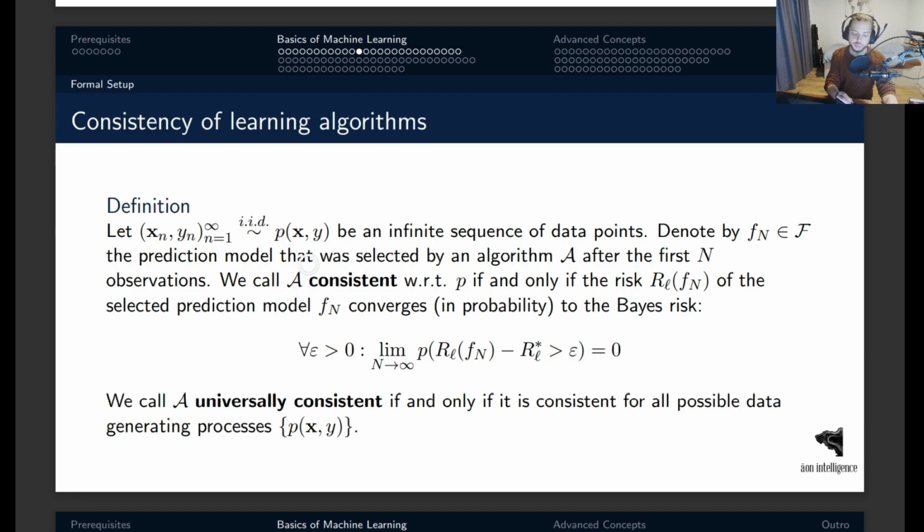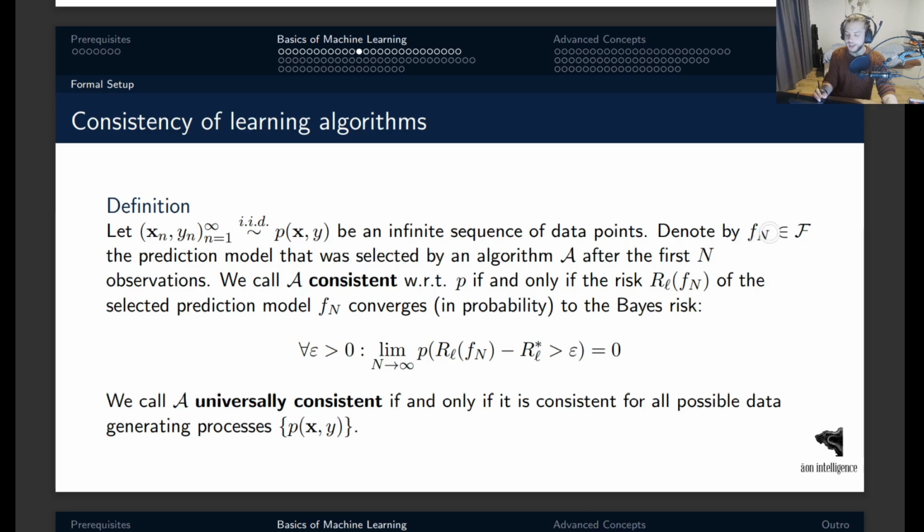And ideally, we want this algorithm to be consistent, and this means that given enough data, your learning algorithm will produce the Bayes predictor. But let's define this formally. So imagine we have an infinite sequence of data points. This means we have an infinite sequence of input-output combinations, which are all drawn IID from the data generating process PXY.